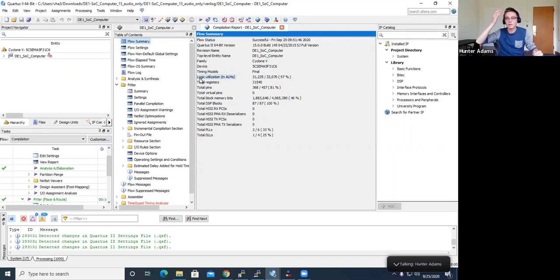Then the clock cycles limit how many you can walk through serially between audio samples. When you're walking through serially, you're reusing a single multiplier. Right.